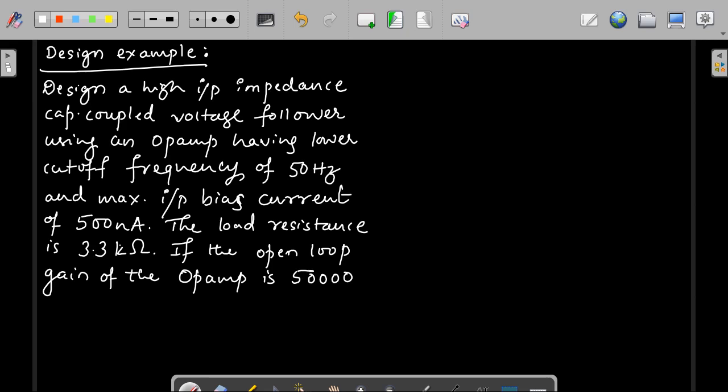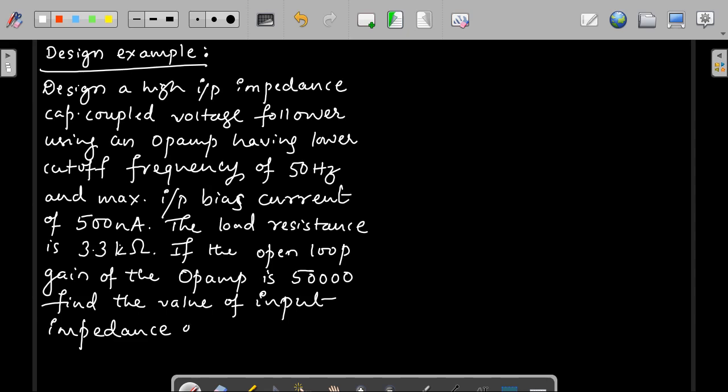I hope you can understand what exactly this op-amp is referred to.